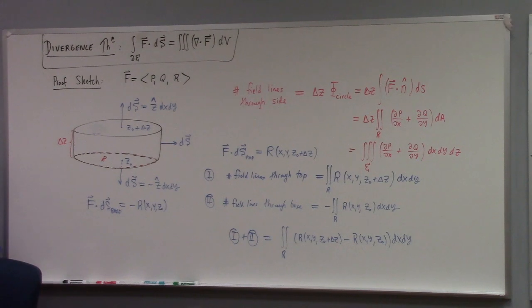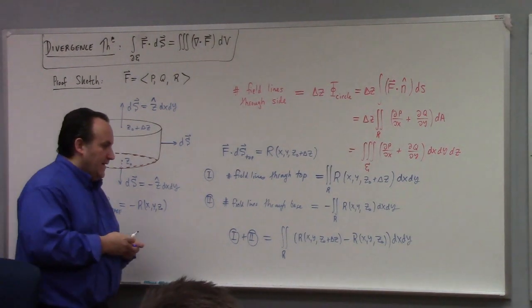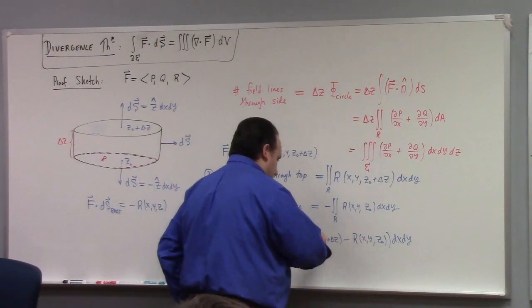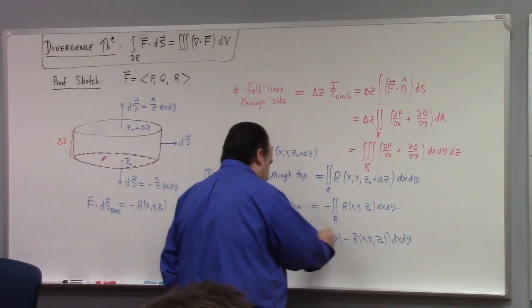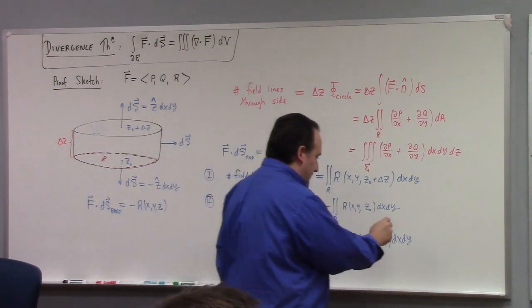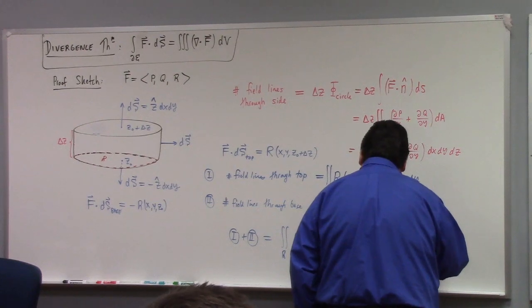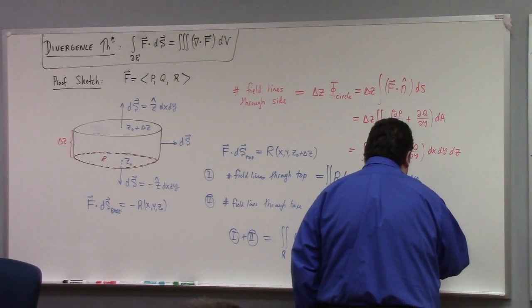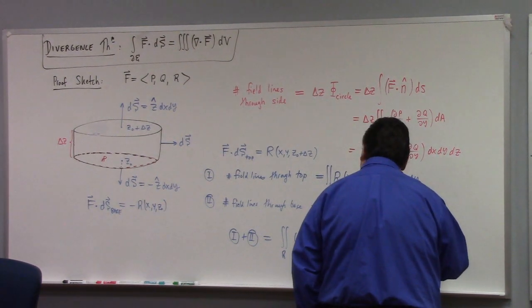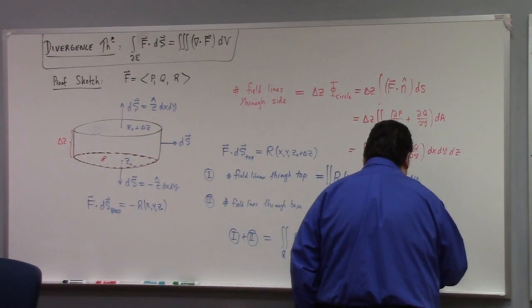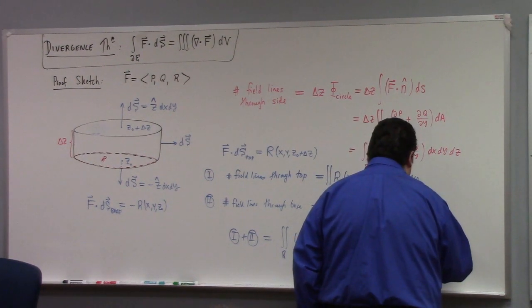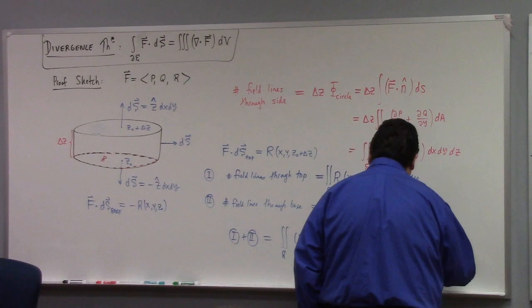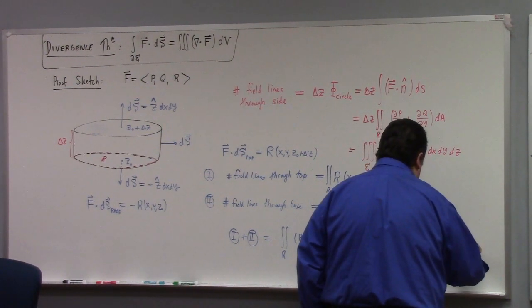Volume of what, though? We can rewrite this. It's a little sneaky, but here's how. That's the integral from z naught to z naught plus delta z, and then I can do my double integral over R of partial R partial z, dz dx dy.